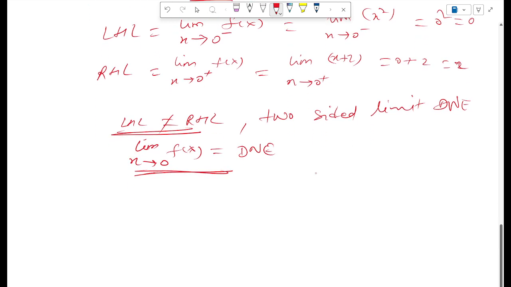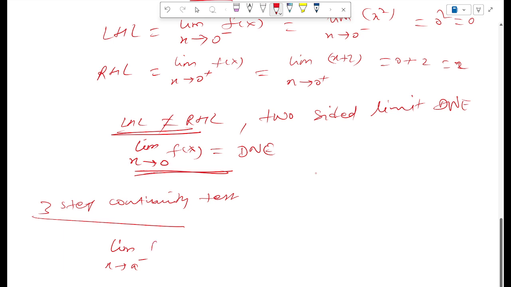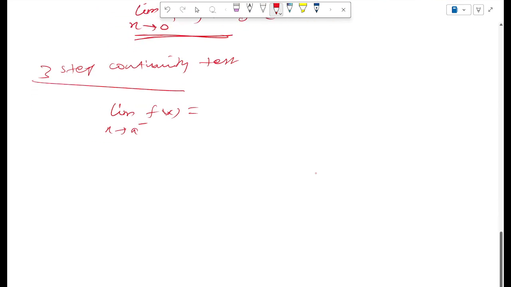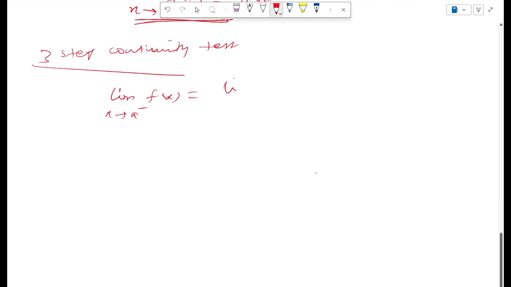But what we actually check is the 3-step continuity test. We check that the limit as x tends to a minus of f(x) equals the limit as x tends to a plus of f(x), and that this equals f(a). We are checking at x equal to a.